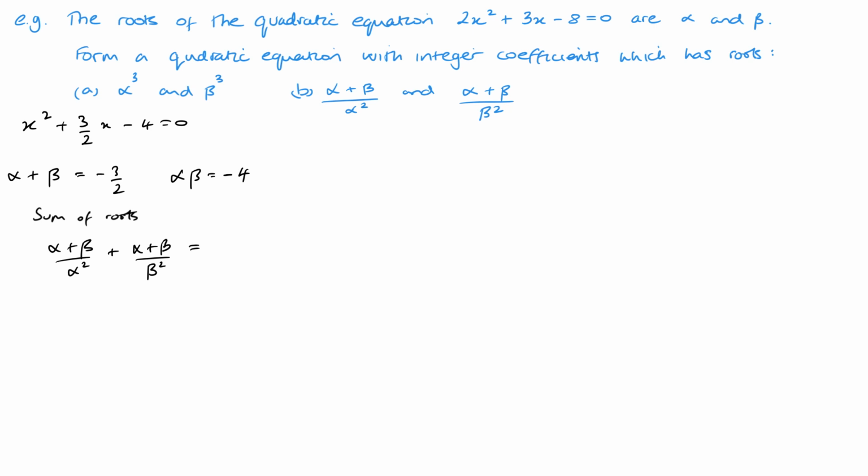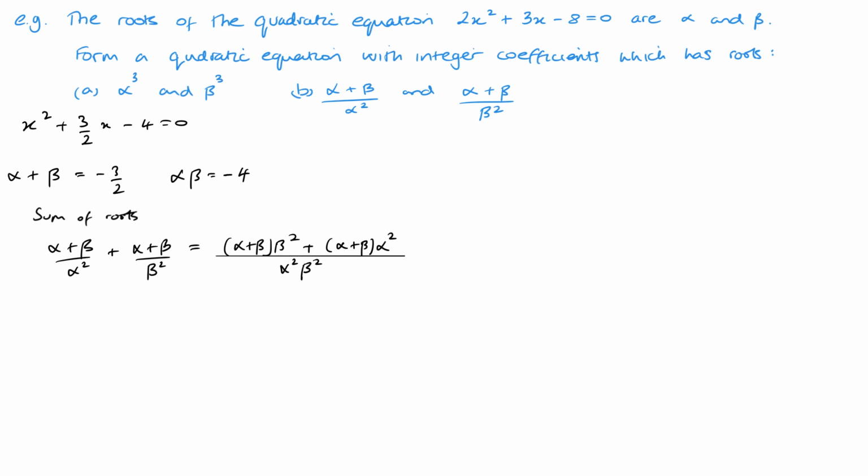So making them over the same bottom value, I would make this over alpha squared beta squared, which is going to give me alpha plus beta times beta squared plus alpha plus beta times alpha squared.